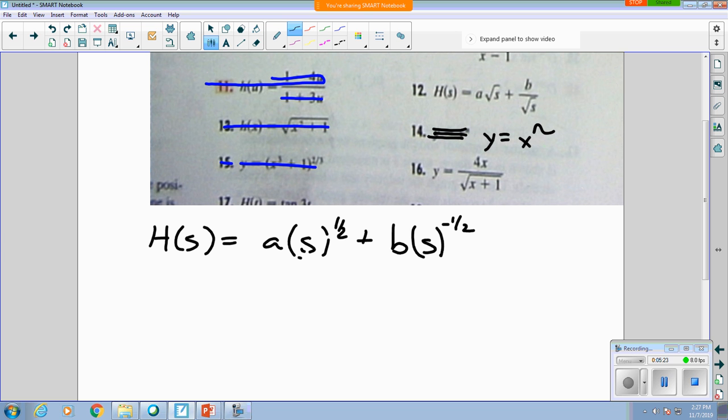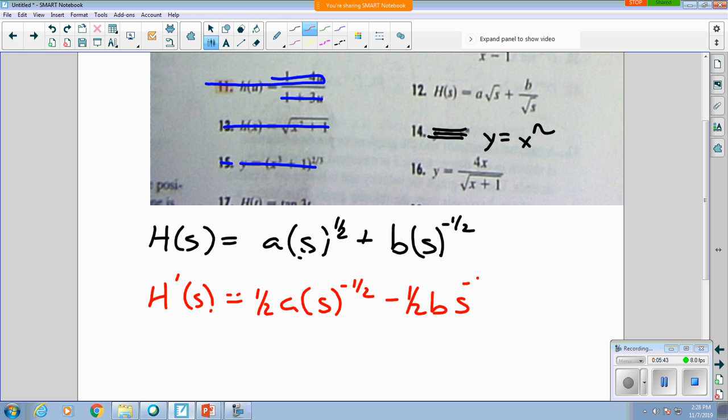And I'll keep the s in parentheses so I see them that way. I don't have to worry about the chain rule. A is a constant, so we just go h prime of s, bring down the half. So half a s to the negative half plus, not plus because the negative comes down, negative half b s to the negative 3/2.